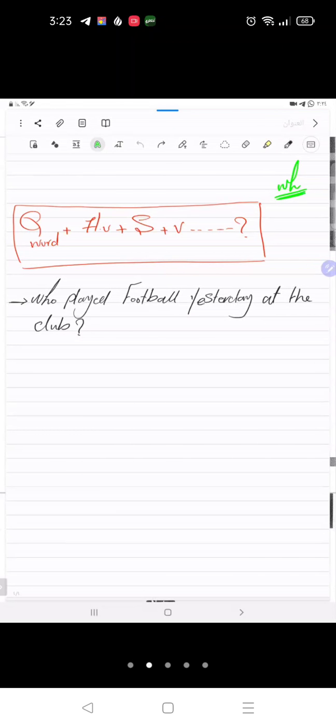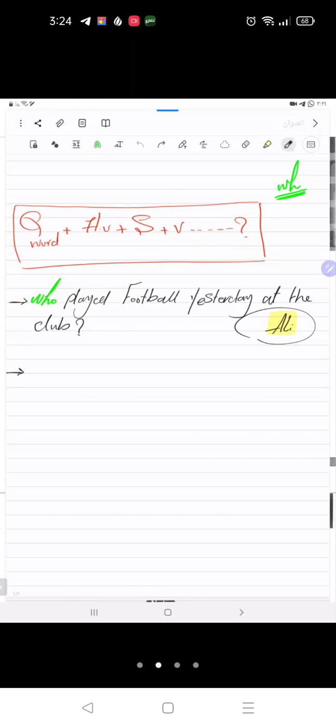Here we have the question word who, to ask about a person like Ali. Okay, so we use the question word who to ask about persons like Ali. What's your question? Here, after who, we didn't add a helping verb.